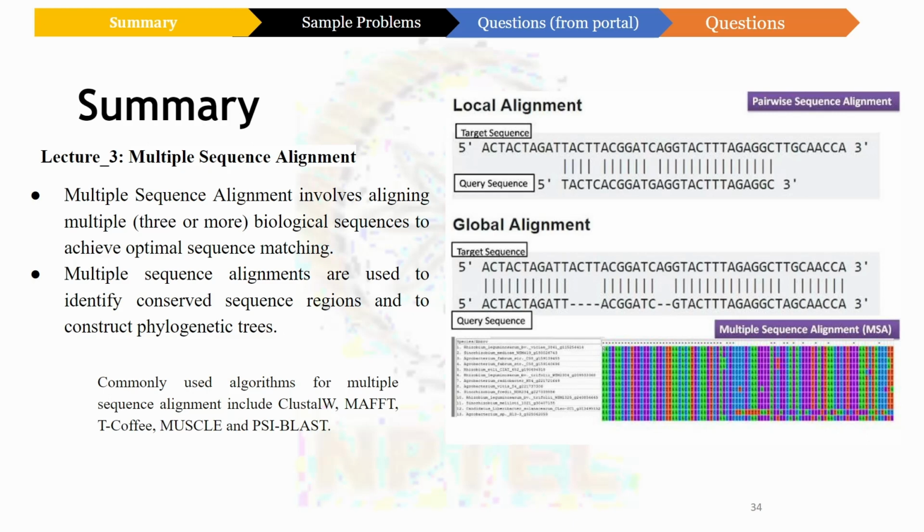Commonly used algorithms for multiple sequence alignment include progressive alignment methods like ClustalW, MAFFT, T-Coffee, as well as iterative methods such as MUSCLE. Each algorithm employs different strategies to generate alignments, balancing computational efficiency with alignment quality.